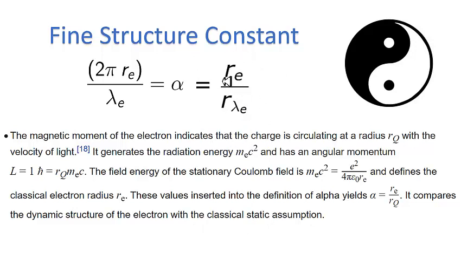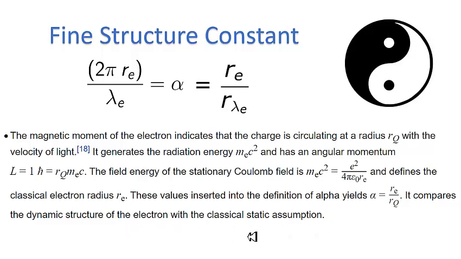Again, I'm not really sure what that means, but I think this gets me closer to understanding what alpha is in the context of my own particle model, because my model is a dynamic model, not a static model.